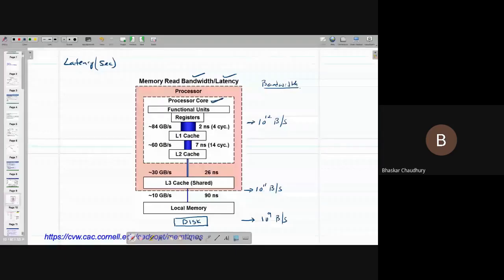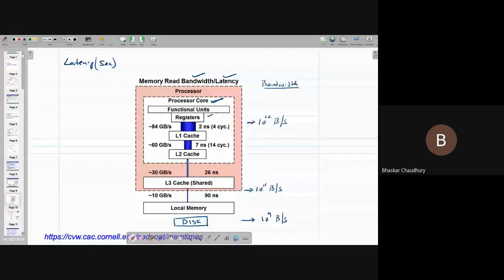If you look into a core, you have these functional units, ALUs and all. Closest to the ALUs are the registers, which are very small in size, and then you have L1 cache, then L2 cache, then L3 cache, then the RAM, and then you have the hard disk. Now, if you look into the bandwidth, you can see the bandwidths are very different.